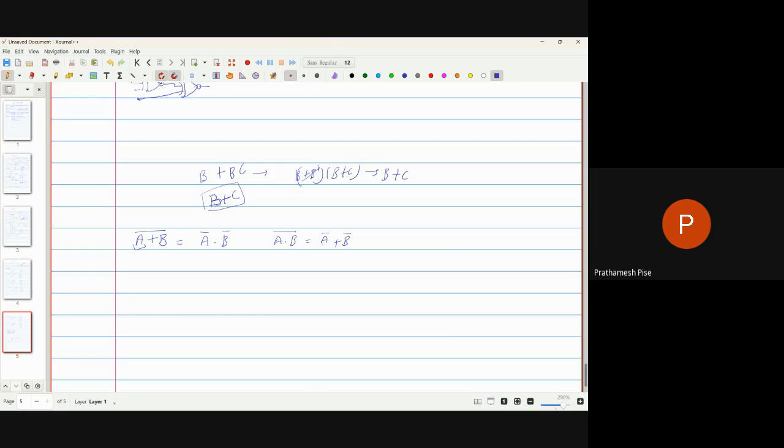If you remember the basics of set theory, you can understand why it is the way it is. In A plus B, A or B, if any one input is high, the output will be high, and the negation of it is when both of the inputs are low, the output should be high.